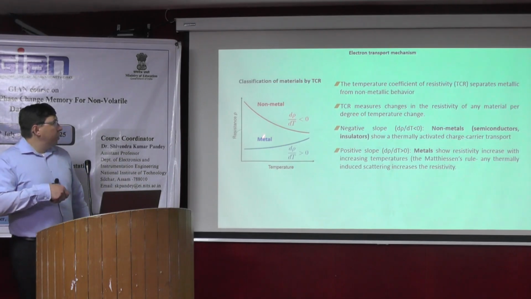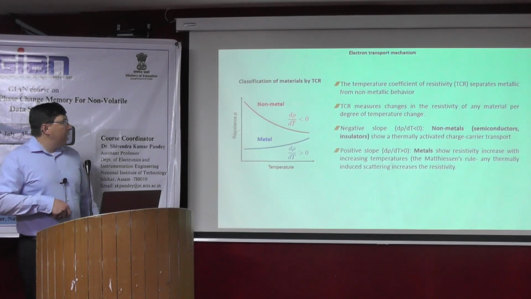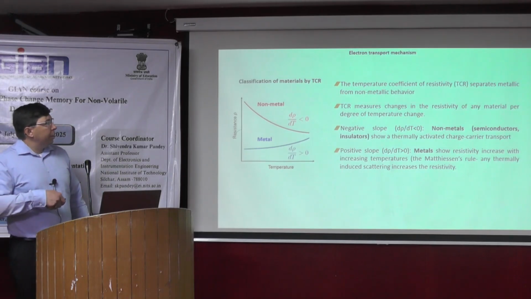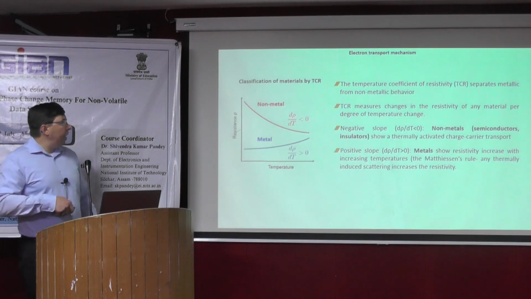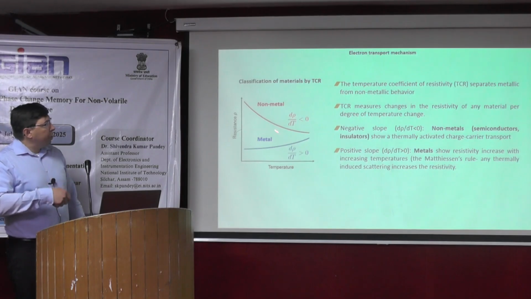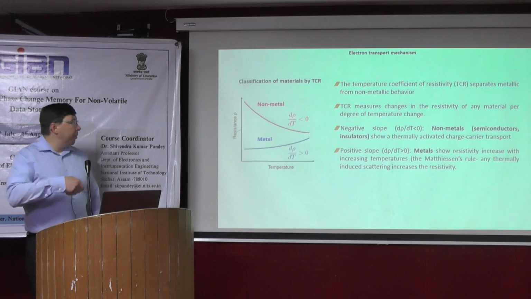So you measure the resistance in dependence on the temperature, and then you look at the change in the resistivity per degree. If you find that the slope for your material is negative, then it shows non-metallic behavior.